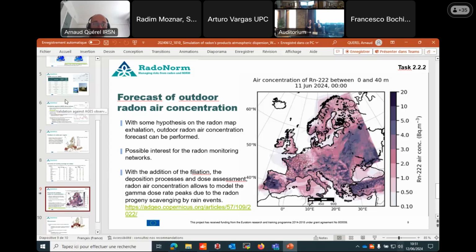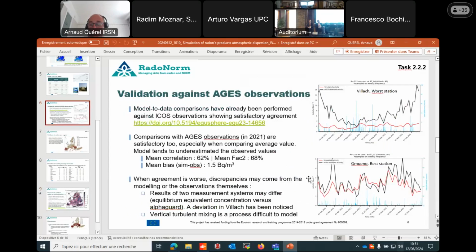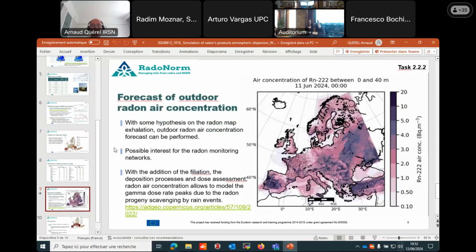If the station is as well modeled as this one, a radon peak due to a coming earthquake would be very well detected. But for another station, it will be much more challenging to determine whether the change between observation and simulation is due to an earthquake or only due to the fact that the modeling is not performing well. So possibly it could be a very interesting subject, but I think we are far from answering.